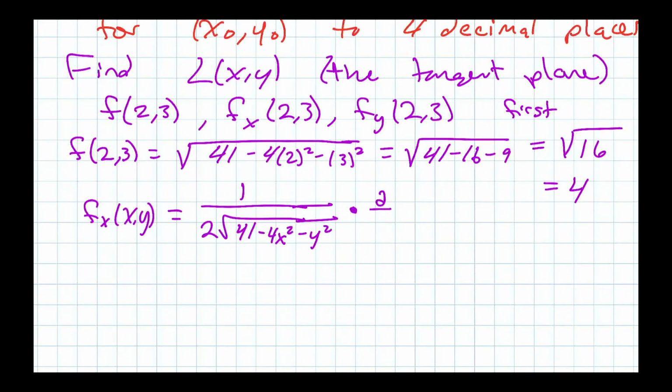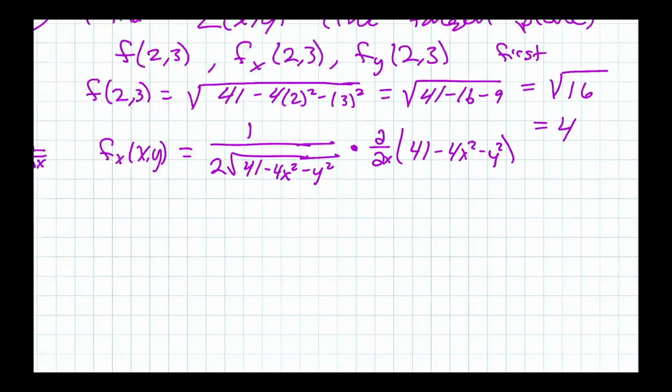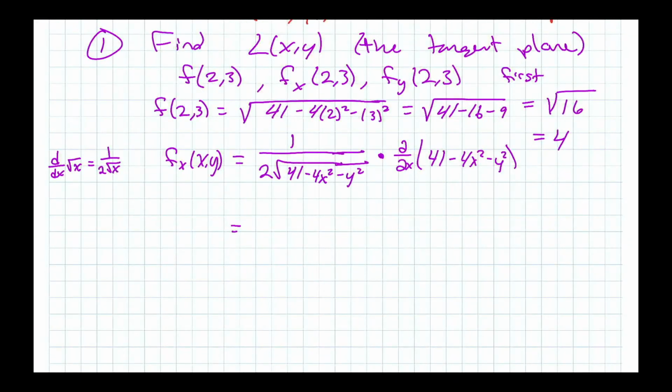I'll do this in 2 parts. So d dx of 41 minus 4x squared minus y squared. Now the denominator I know is 2 square root 41 minus 4x squared minus y squared. I left the numerator blank up here because I'm just going to do this derivative and put it right there.